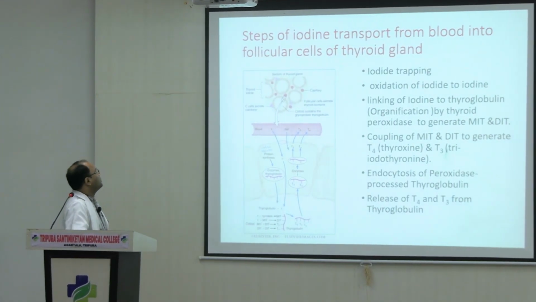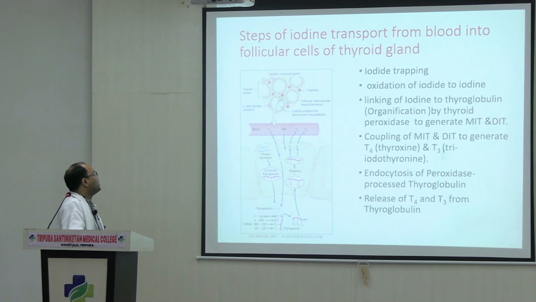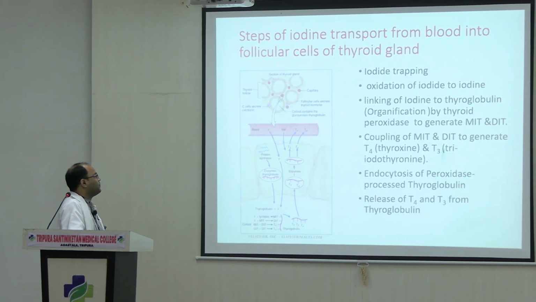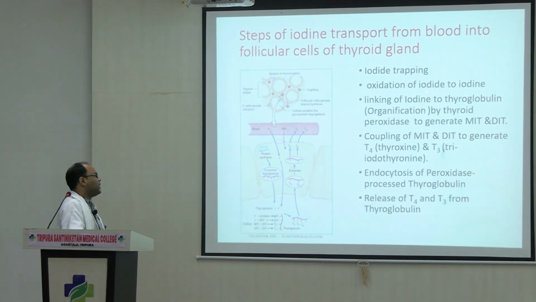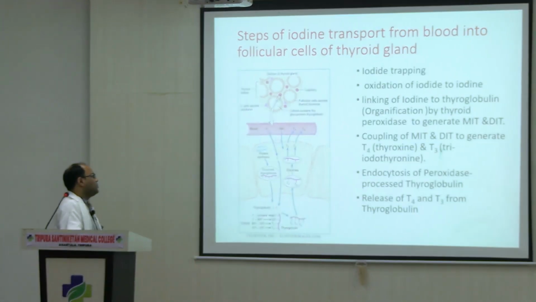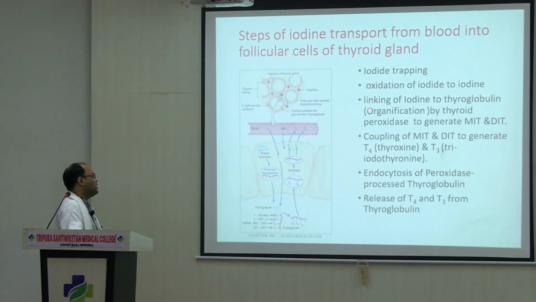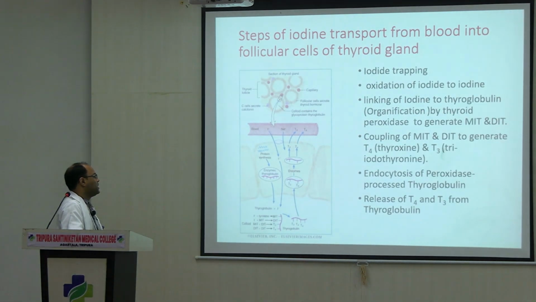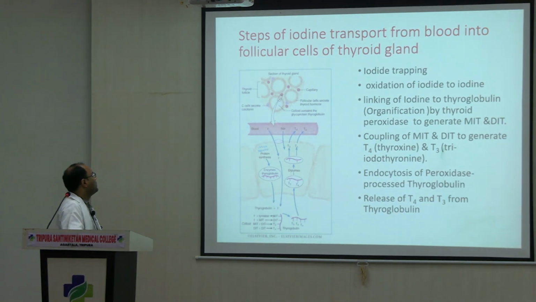These are the steps of iodine transport from blood into the follicular cells of the thyroid gland. First step is iodine trapping, then oxidation of iodine to iodide, then linking of iodine to thyroglobulin. That is called organification, by the thyroid peroxidase enzyme, to generate monoiodothyronine and diiodothyronine.